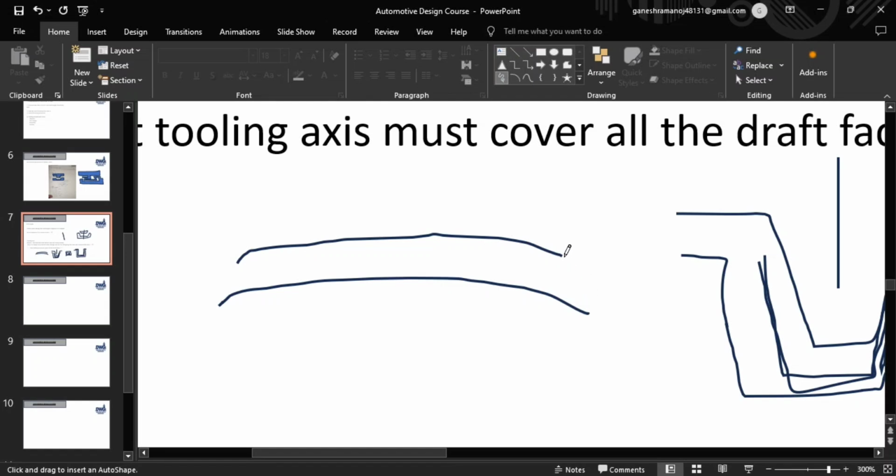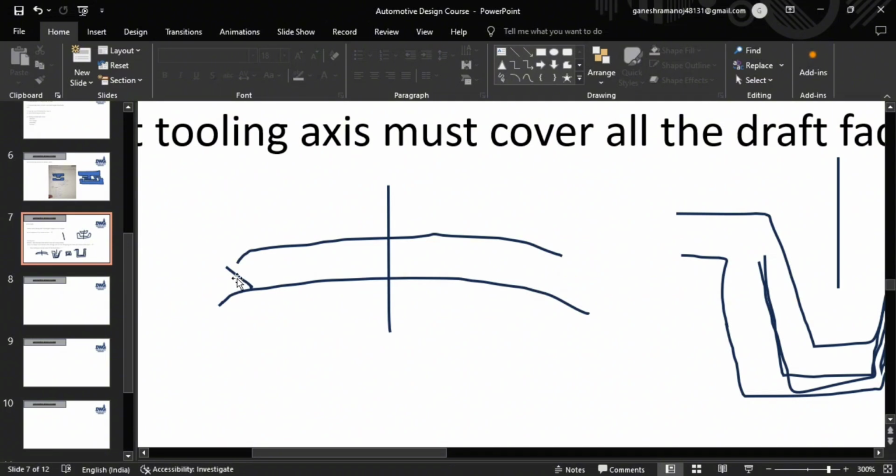Whenever you are specified a tooling axis like this, and you are given this class C surface in this way, actually this product is not going to be manufacturable. Why? Because these are undercuts, these are negative draft angles.